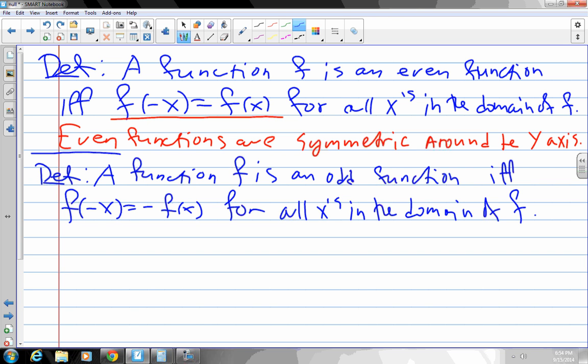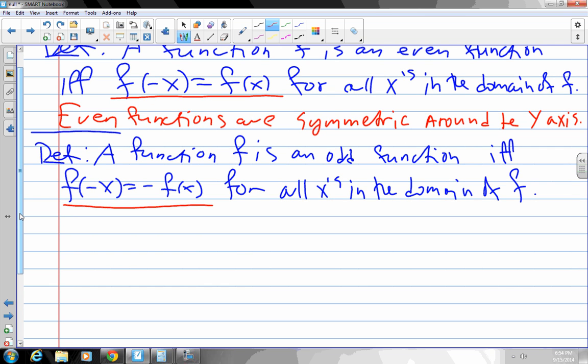So f of negative x equals negative f of x. So that's again going back to the graph that's symmetric around the origin. If you change the sign of the x, then the sign of the y also changes. So it gives you the complete flip. So the odd functions are symmetric around the origin.